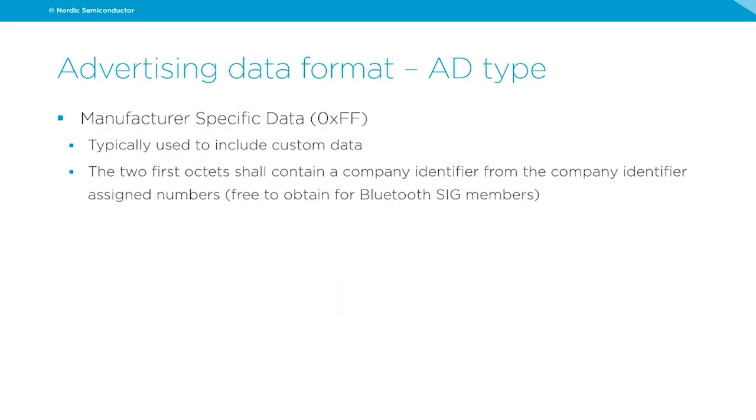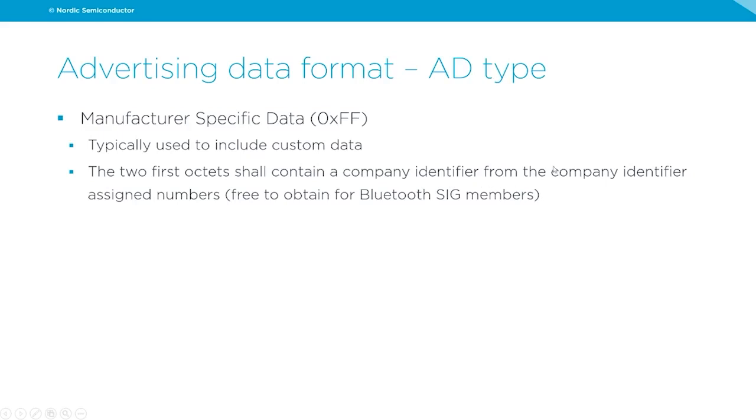And then many of our customers ask how they can advertise their own proprietary data. When you need to do that, use manufacturer specific data as the ID type. So for the type you should select FF, and then the first two octets in the payload should contain your company identifier.